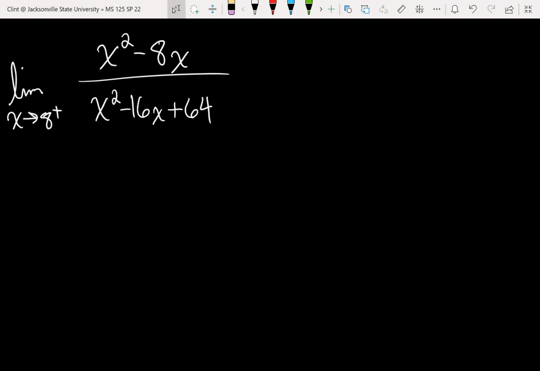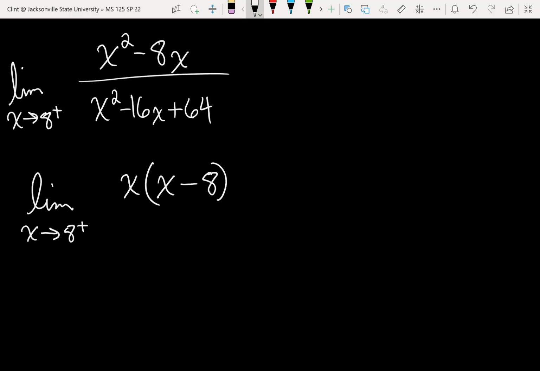Factoring is a good way to go. So we've got a common factor of x on top, and on mine x minus 8.